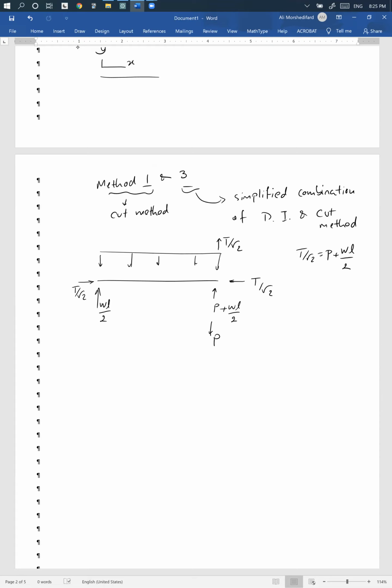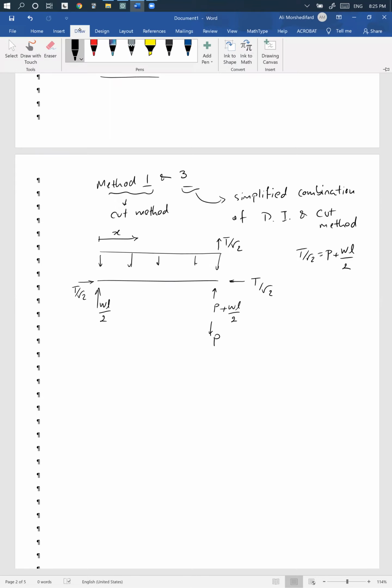All right. So if I want to use the cut method based on my coordinate system, I just have to make a cut at x, from here. When you cut something, you are separating a piece of the structure and looking at it as if it was an independent structure on its own.